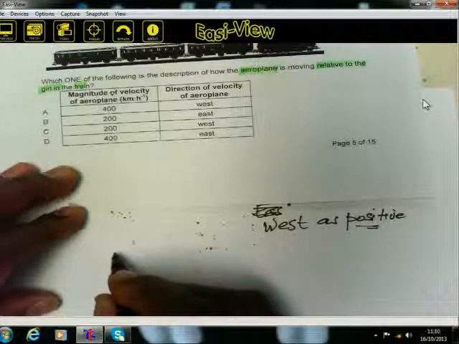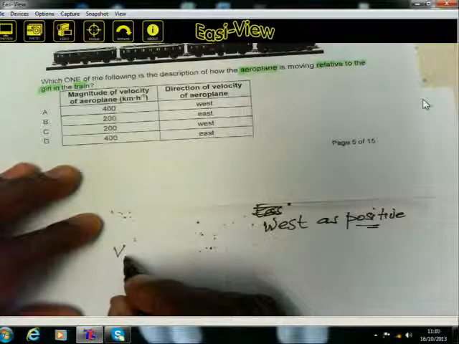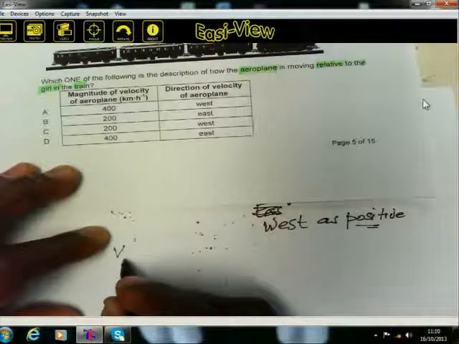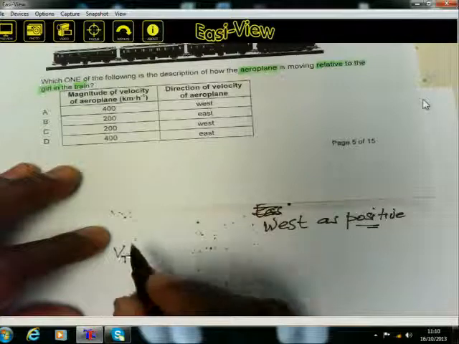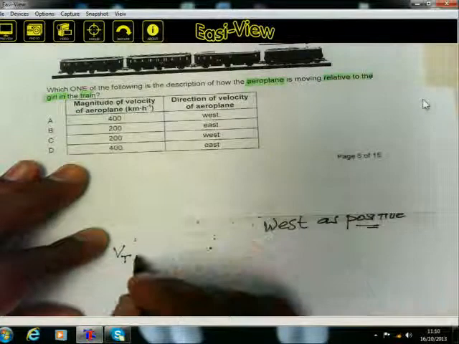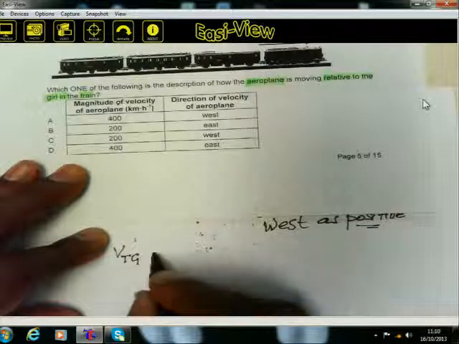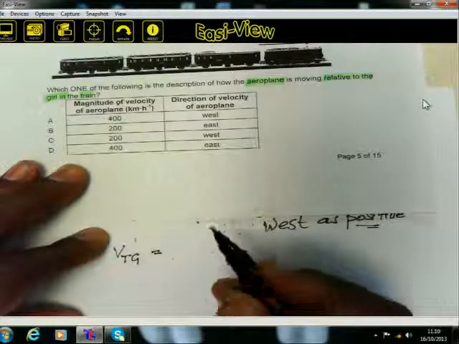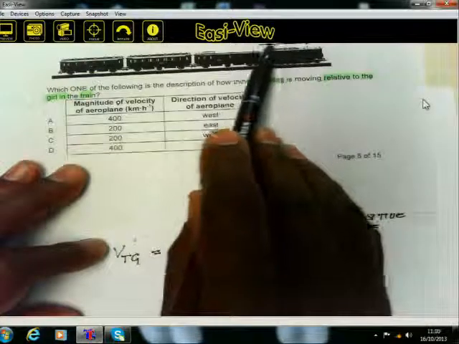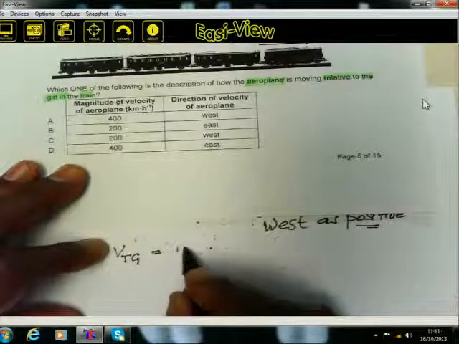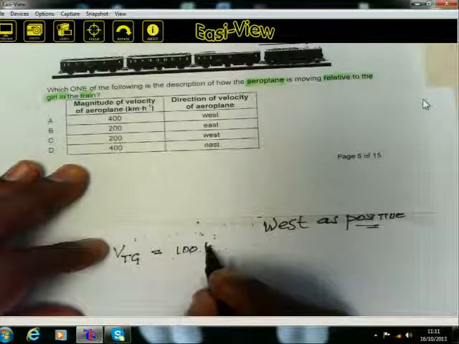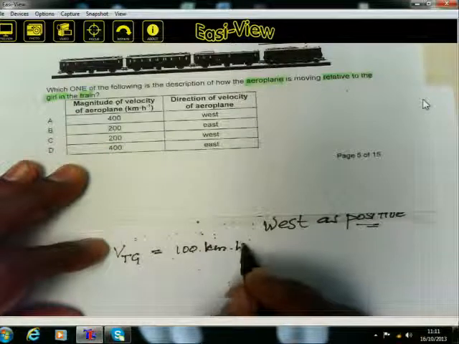So let's see the velocity of, I will use train here to represent the velocity of the girl, because this girl is traveling at the same velocity as the train. With respect to the ground, the train is moving at 100 kilometers per hour.